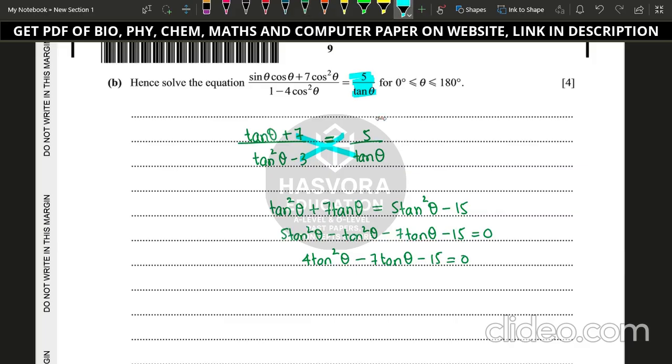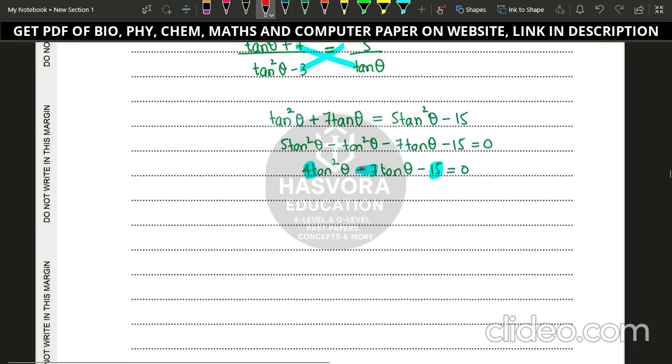Now we have to choose the factors that multiply to give us 4 into 15, which is 60, and add up to give us minus 7. So what is 60? It is 12 into 5, right?